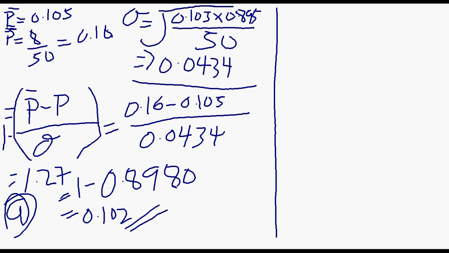Let me go and check the B. The B aspect is how likely is it that the random sample will contain fewer than 5 in this position.